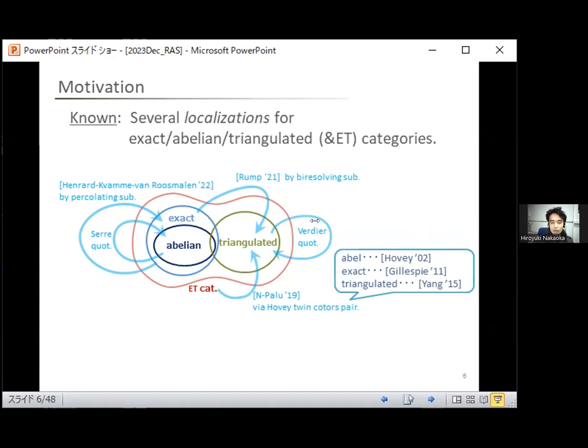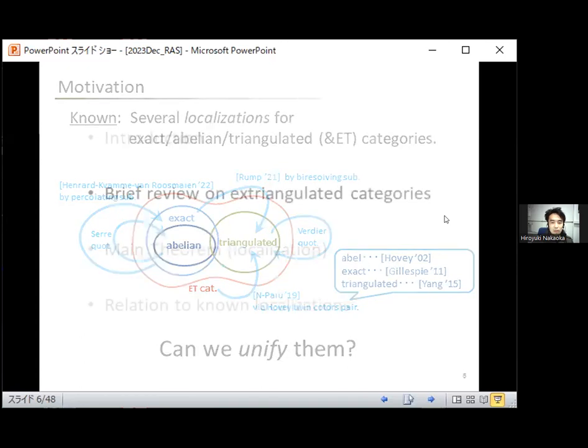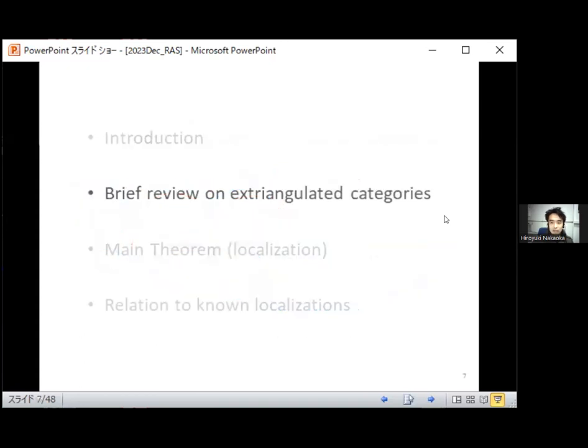We hope to unify all of these localizations. Before stating our main theorem on the localization, let me briefly review the basics of ET categories.